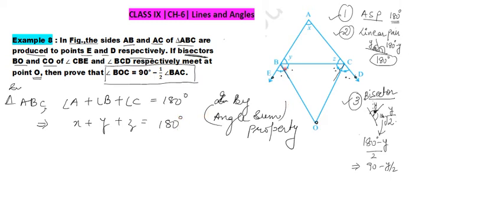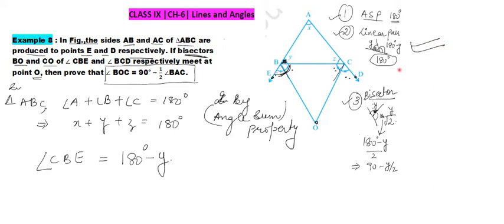Now if this particular angle is y, by using the concept of linear pair, what will be the value of this whole angle, that means angle CBE? CBE can be calculated by using linear pair, and if I want to know this value, it will be equal to 180 degree minus y, which I have already explained.